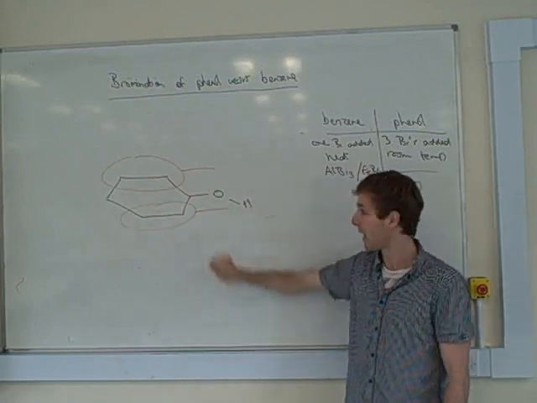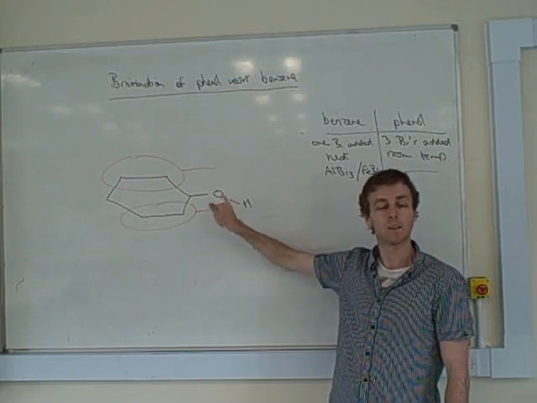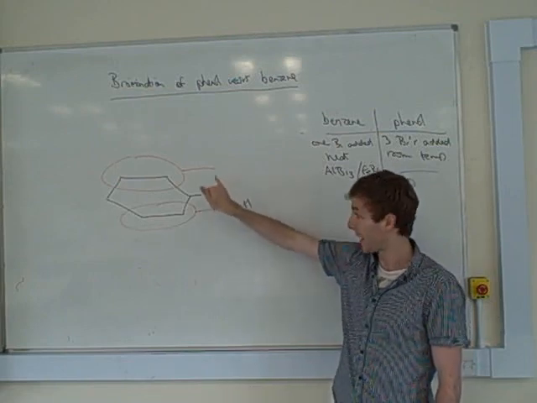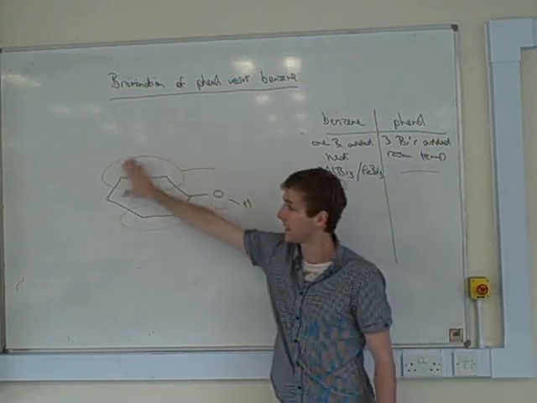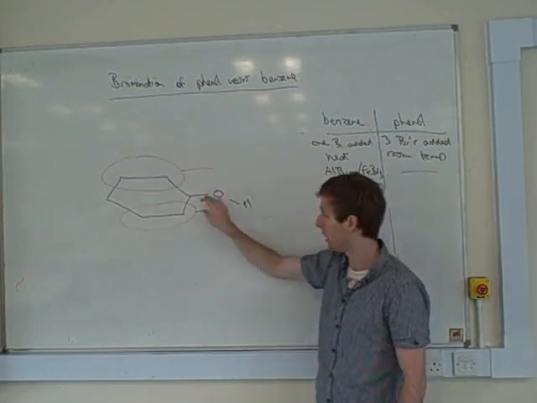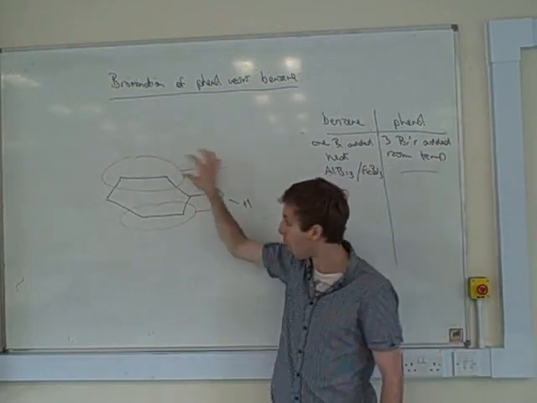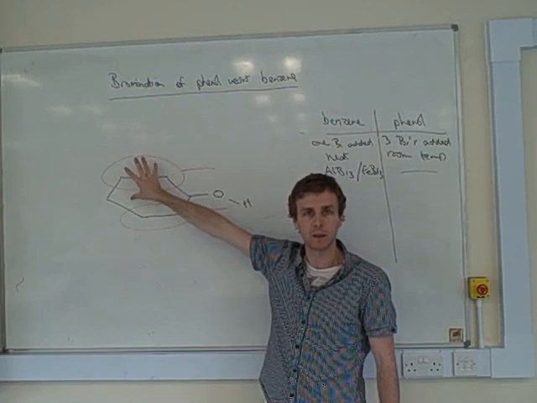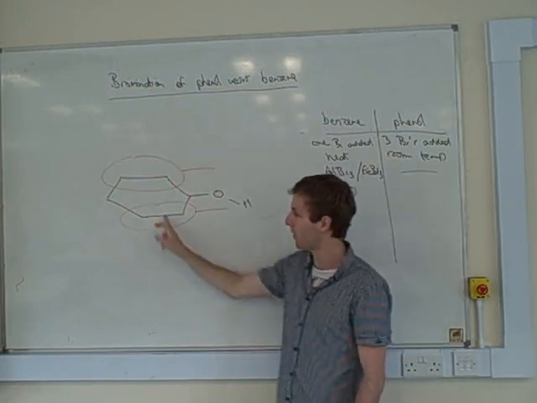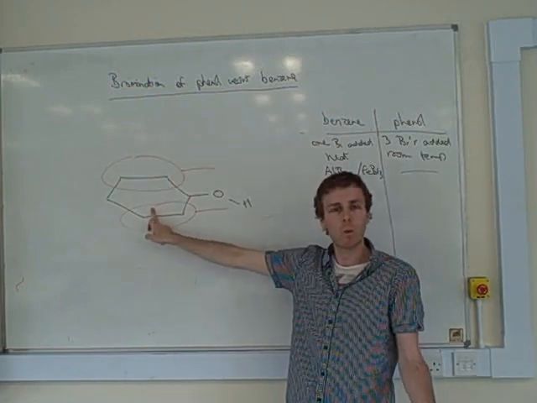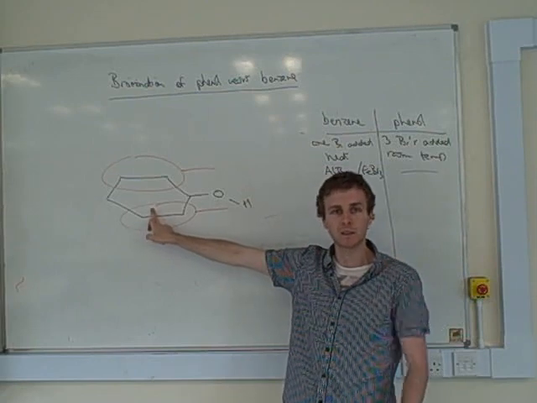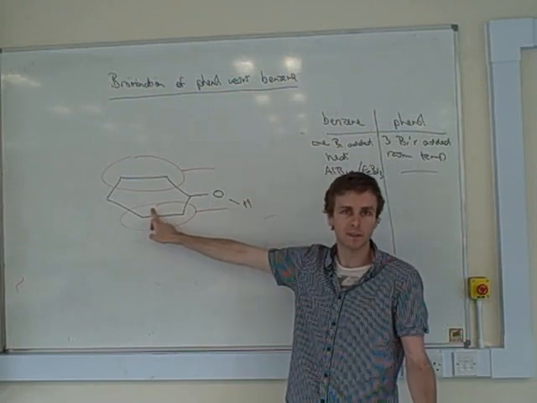Once it's done that, the oxygen can donate the lone pair of electrons in its p orbital to the delocalized electron ring. So this oxygen is adding more electrons to this delocalized ring. But if you're adding more electrons to this ring, think about what that's going to do to the electron density. Well, it's going to make it higher, isn't it?